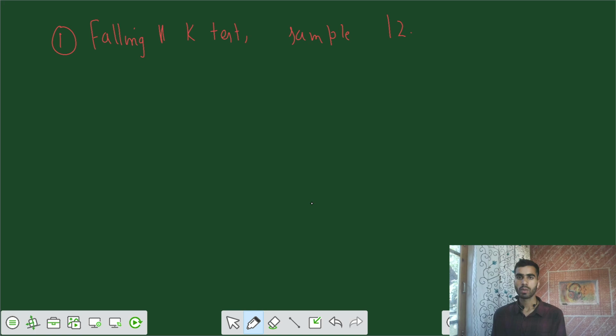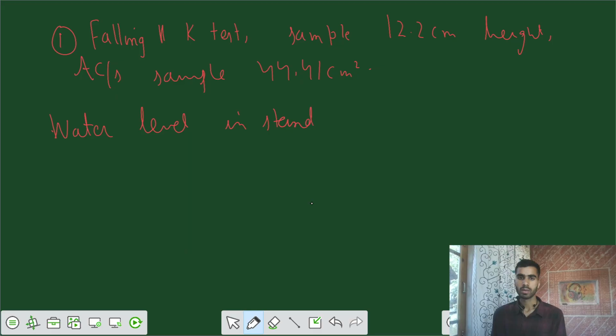The sample height is 12.2 centimeters. The area of the cross section of that sample is 44.41 centimeters square. The water level in the standpipe dropped from a height of h1 equals 75 centimeters to a height of h2 equals 24.7 centimeters in 15 minutes.